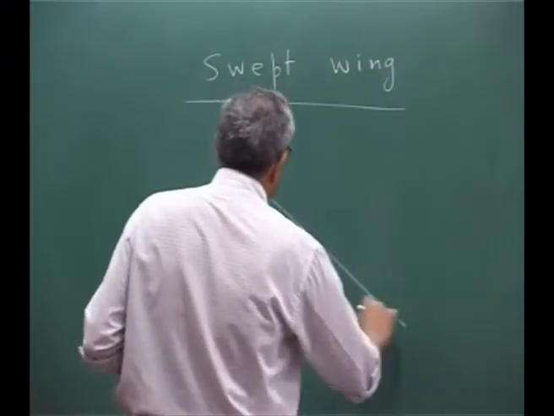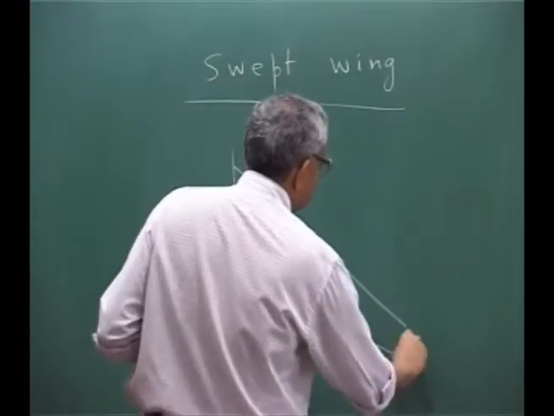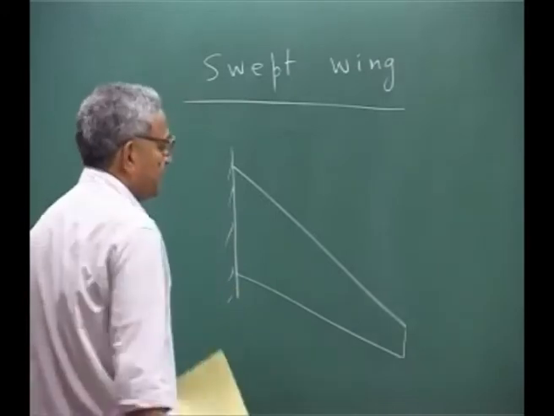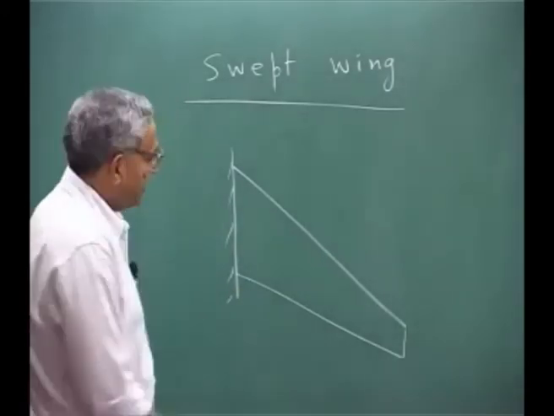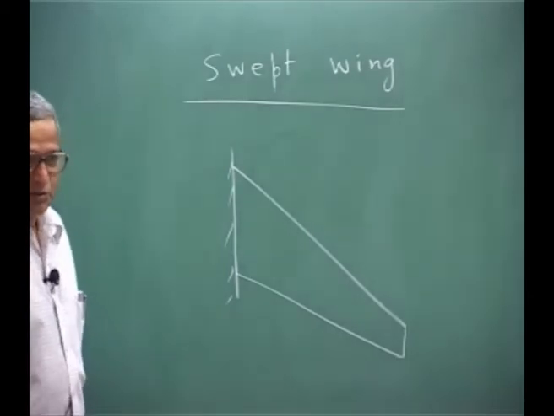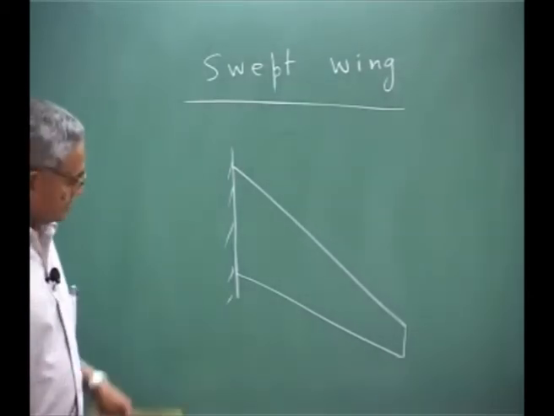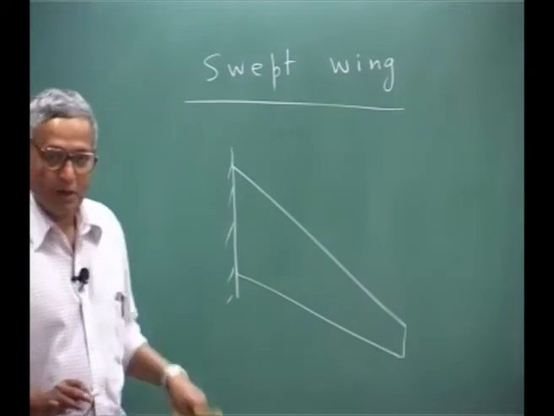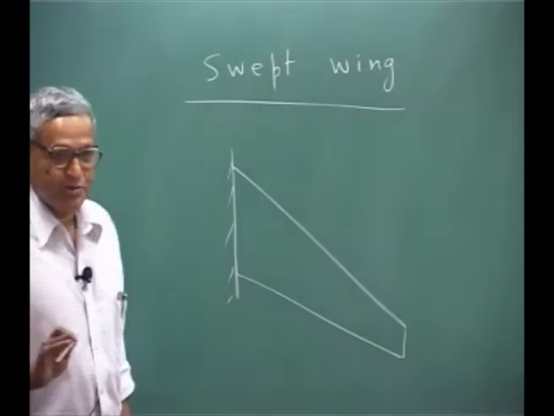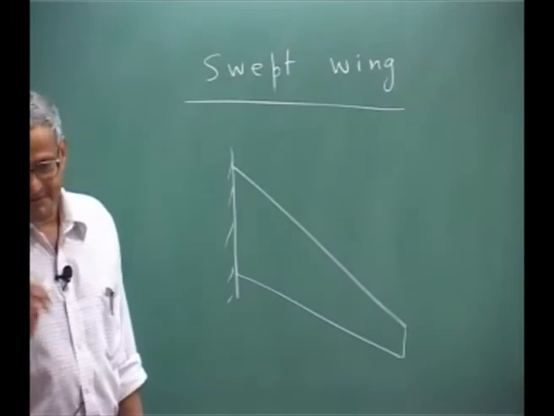But just for understanding, if you say this is your swept wing, when the wing is bending, you take bending about what axis, that is the essential part, and twist is about what axis.